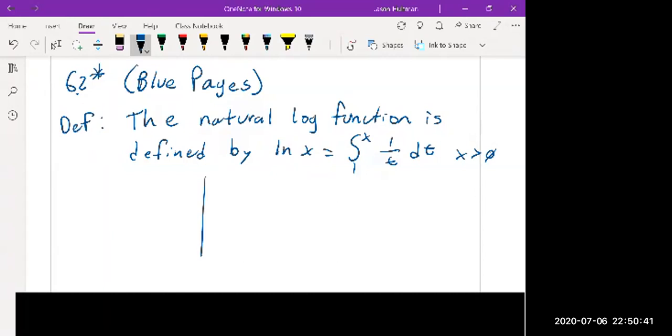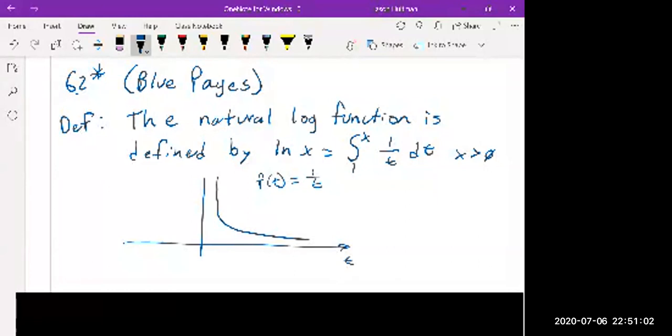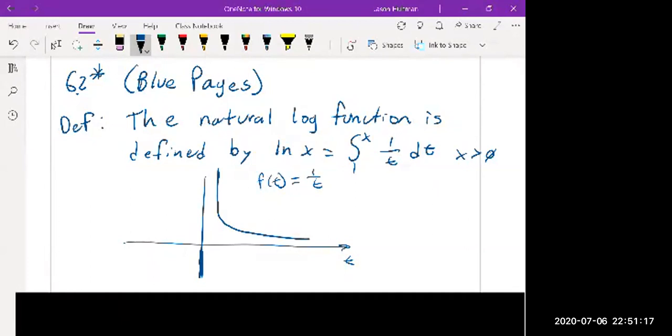What does that mean? It means that if I had an axis here with t on it, and the function f of t equals 1 over t, that's my hyperbolic rational function. It's a hyperbola. It also has a mirror image in the third quadrant, but I don't need to bother with that because we're only dealing with positive x's.